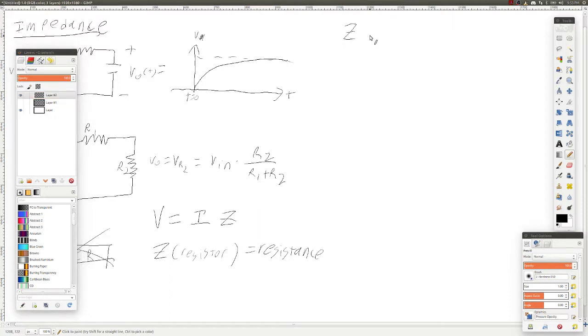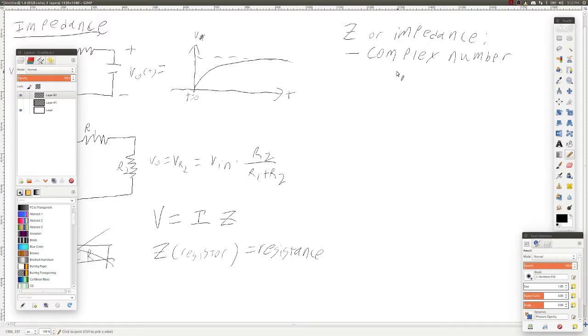Z, or impedance, is a few things. It is a complex number. Hopefully you all know what those are, but if you don't, it is a sum of a real number and an imaginary number.